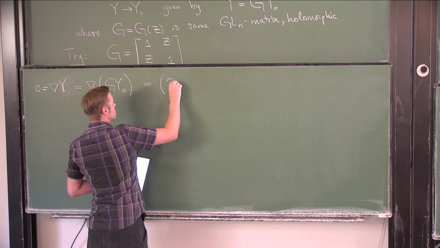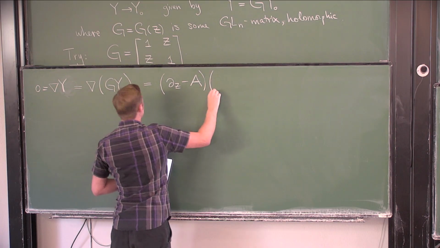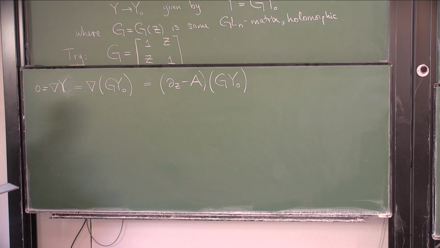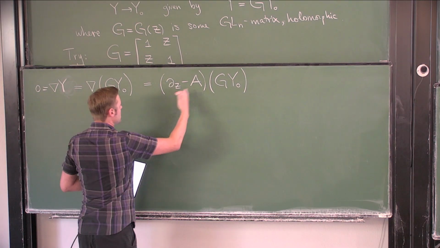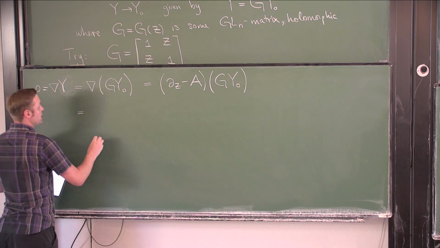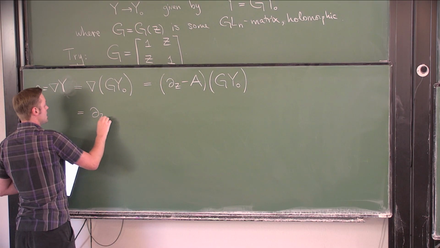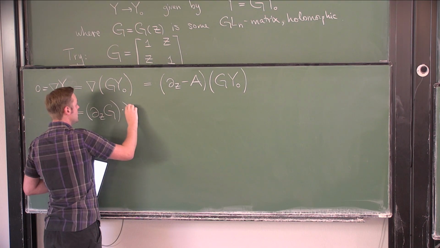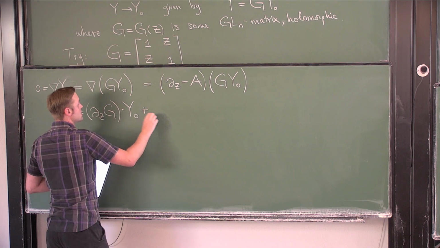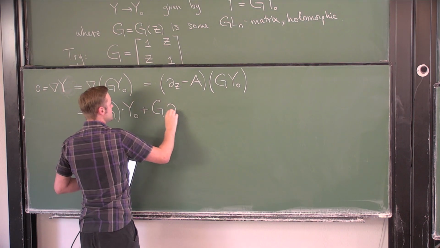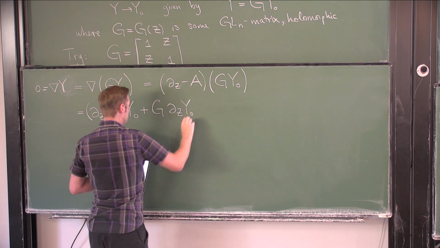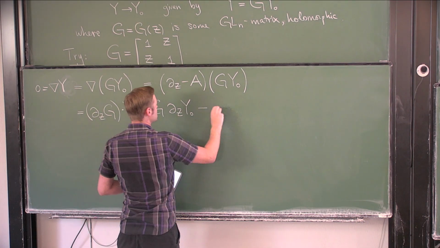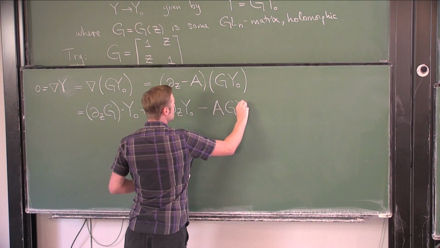Yeah, so what are we doing? So we're doing this. G, why not? Okay, so there's a product rule. So what do we have? We have del z G, that's a new matrix, times y naught, plus G times del z y naught, minus, now this is just ordinary multiplication of matrices, A G y naught.